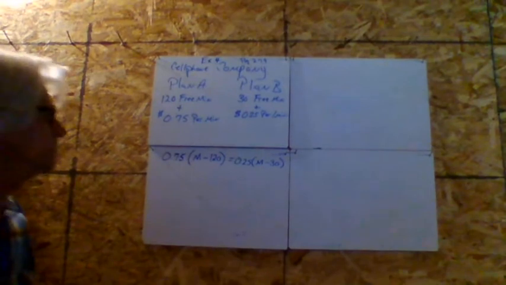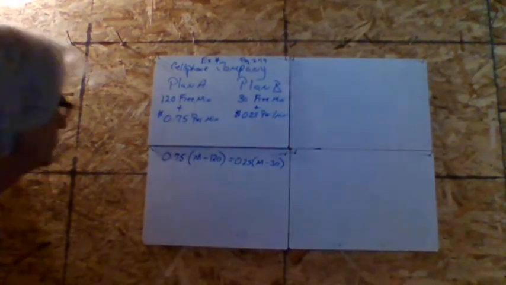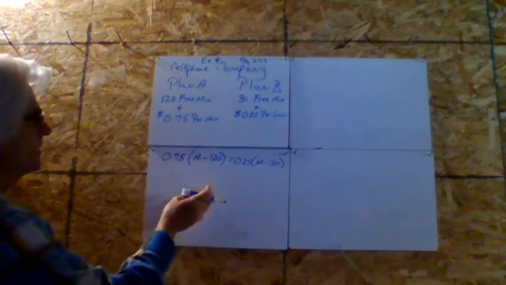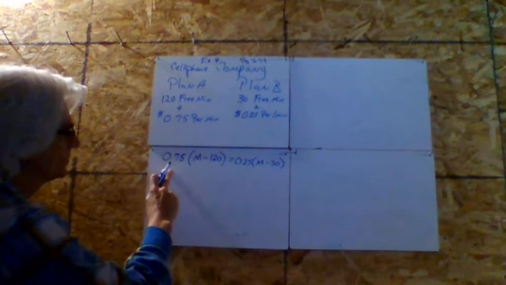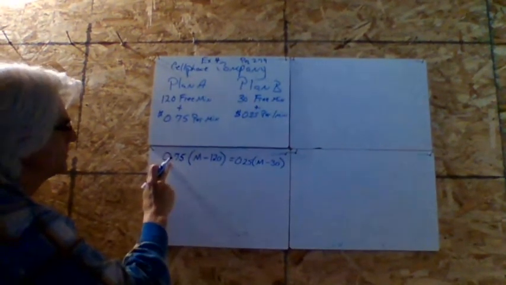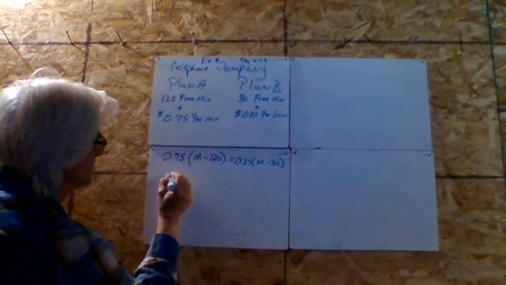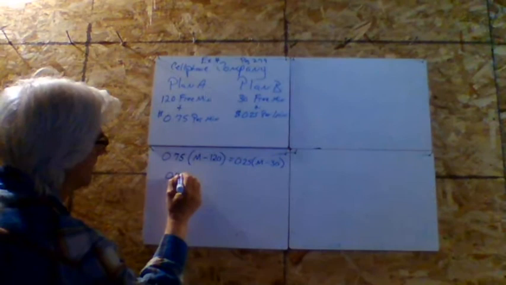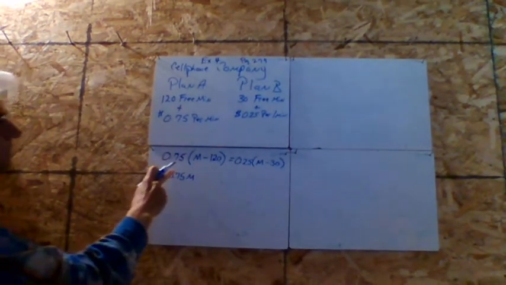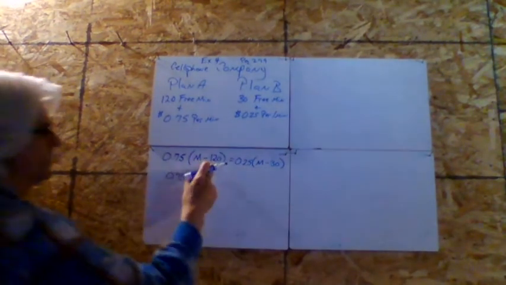The next thing they asked me to do is to solve the problem. So to do that, I'd have to come in here and solve it. So first thing I'm going to have to do is use your distribution properties, like get rid of the parentheses. So it's going to be 0.75 m, 0.75 times that minus 120.